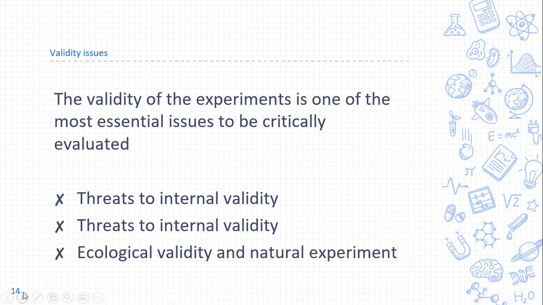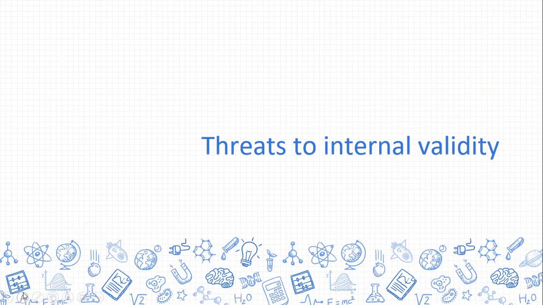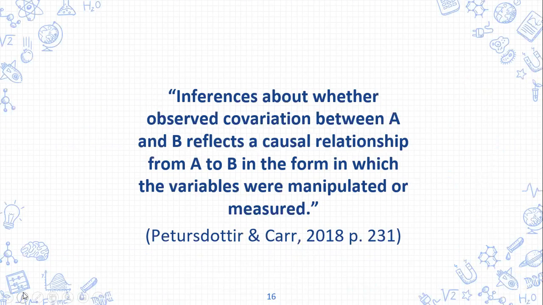First, I'm going to explain internal validity. If we go to the next slide, we can see that there is this quote that says, inferences about whether observed covariation between A and B reflects a causal relationship from A to B in the form in which the variables were manipulated or measured.